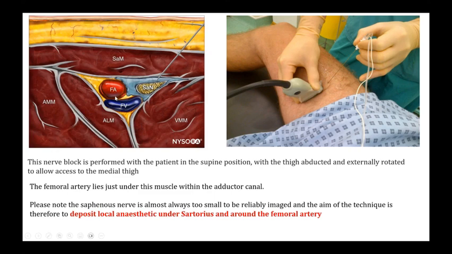So this picture will tell you this is the femoral artery, this is the sartorius muscle. The needle is coming from lateral to medial, very close to the femoral artery, and if you deposit there, the saphenous nerve will be blocked. And as he said, the techniques are low volume and high volume, depending upon the extent of nerves that you want to block.